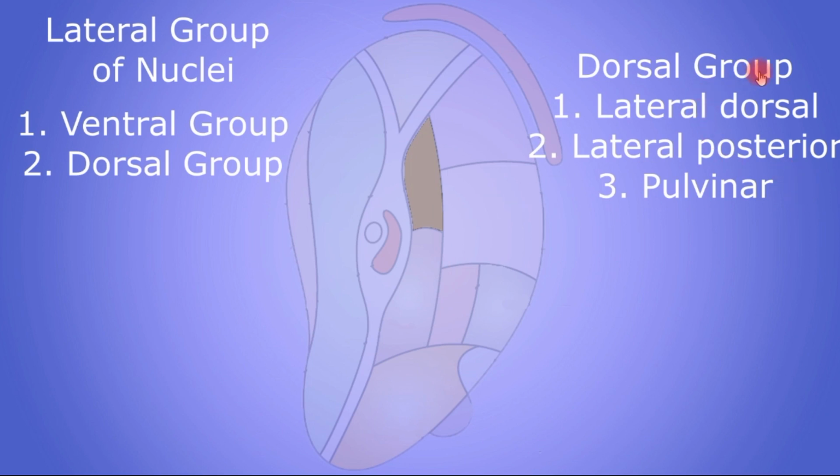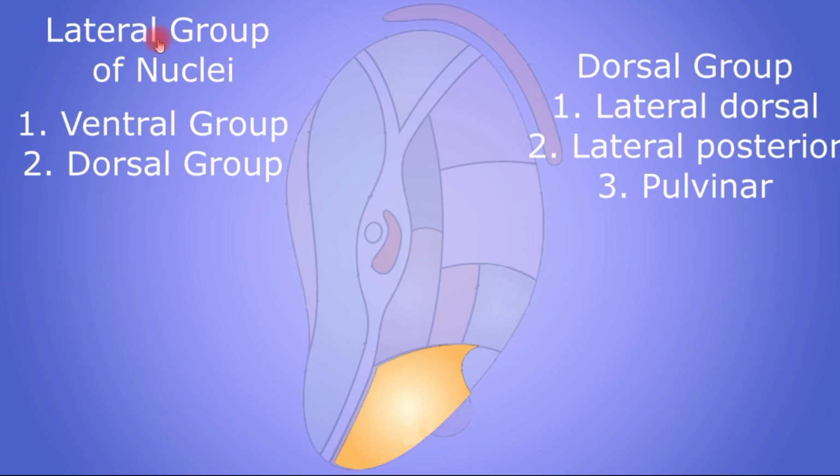When we look at the dorsal subdivision of the lateral group of nuclei, there are three nuclei: the lateral dorsal nucleus, the lateral posterior nucleus and the pulvinar. As you can see here, this structure is the lateral dorsal nucleus, this is the lateral posterior nucleus and this structure here is the pulvinar.